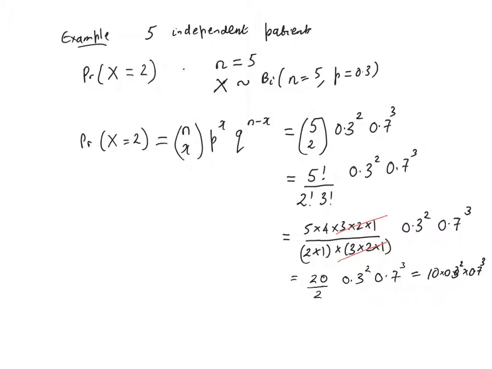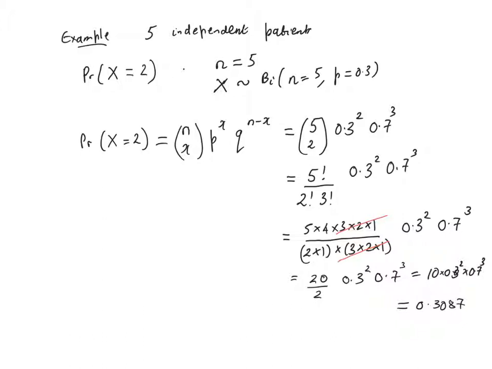And if we work that out on a calculator or by using R, that's 0.3087 if I've done it correctly. So that's the probability you'd see exactly 2 patients with reduced blood pressure when you look at 5 patients, and the probability the drug reduces the blood pressure is 0.3.